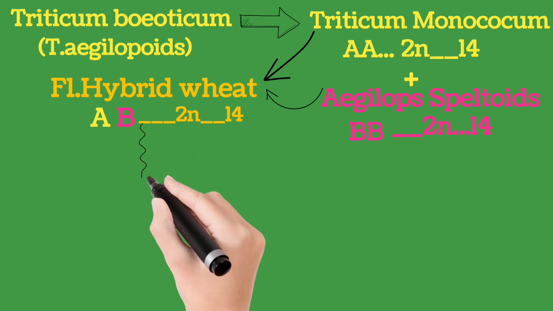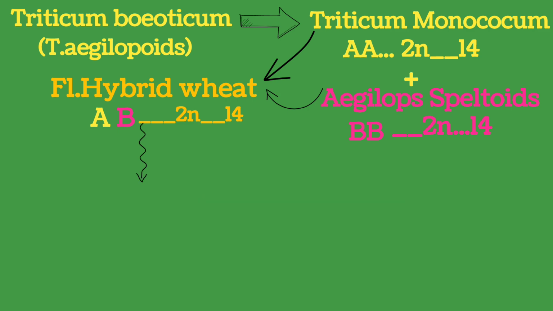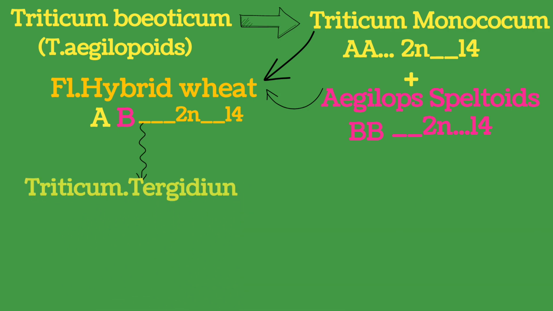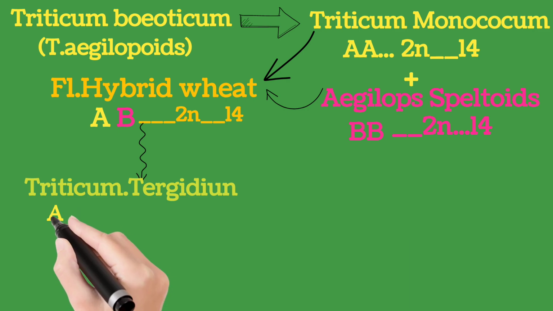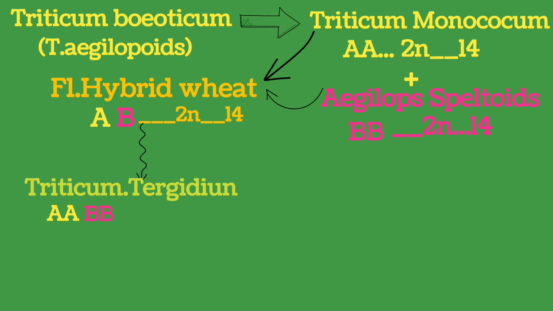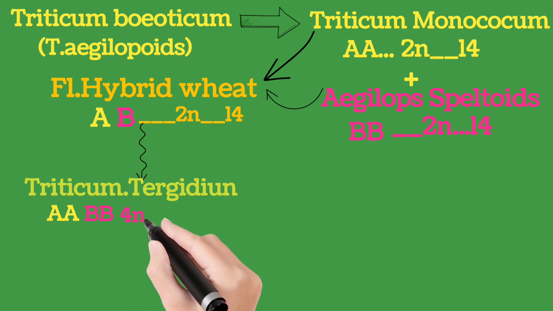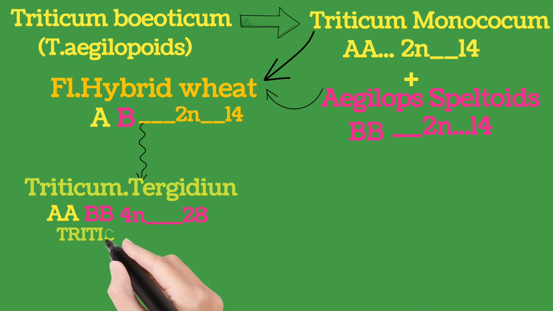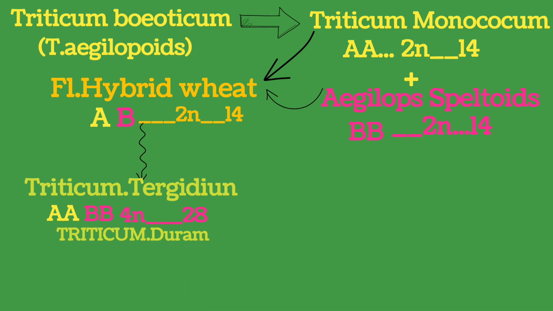Chromosome doubling takes place in the F1 hybrid wheat, and it results in the formation of a very important type of species, Triticum turgidum, with genome capital A, capital A, capital B, capital B, and we can say equivalent to 4N. It was tetraploid in nature. It is also known as Triticum durum. It was the species that has been cultivated for years.